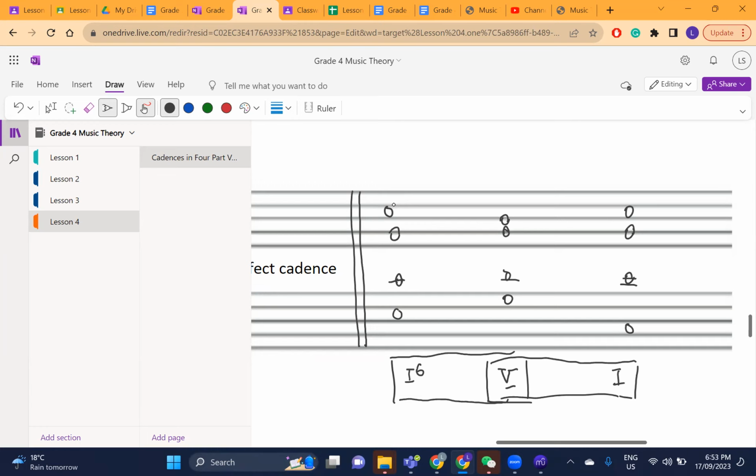So we have, originally it was B. Now it has a bit of distance, slightly more unstable. So now I'm trying to teach you the aural effect of different cadences.